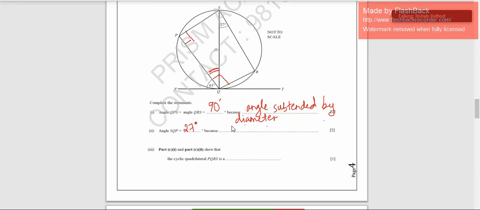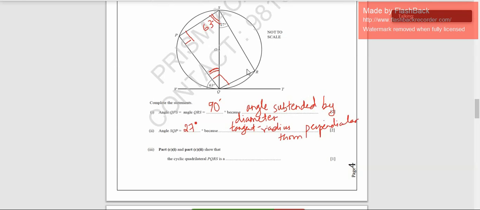Same, reason is same. Tangent, radius, perpendicular. This entire is 90, that's why this will be 27. This is 27, how much is this? 63.